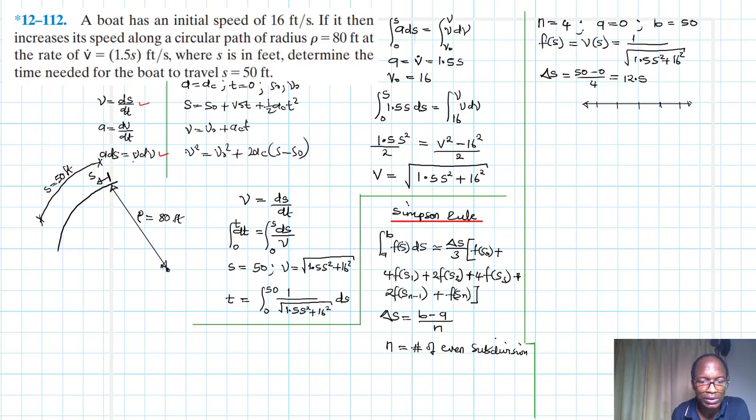So if we are to record this, we are saying from 0 to 12.5, then to 25, then to 25 plus 12.5, that's 37.5. Okay, and then finally to 50. So here, this distance is the one we are calling del s.